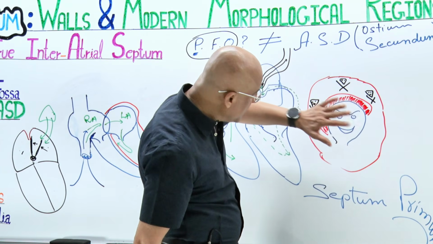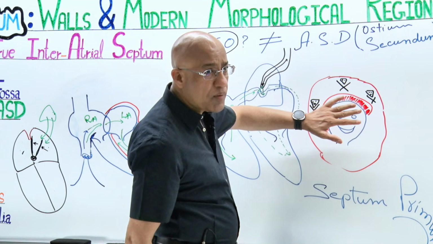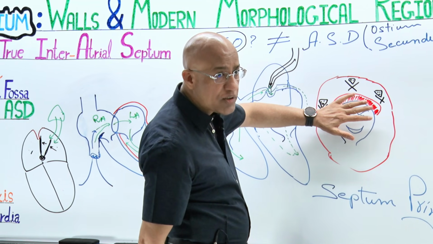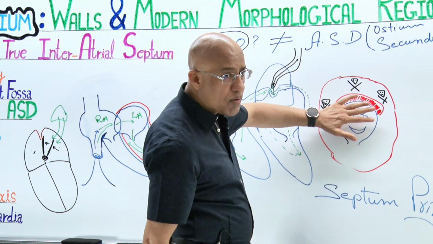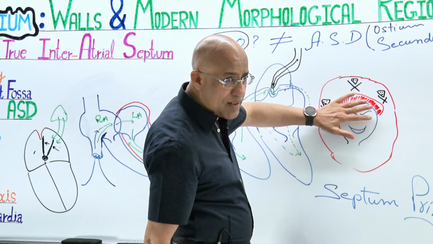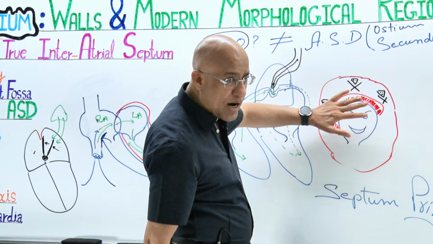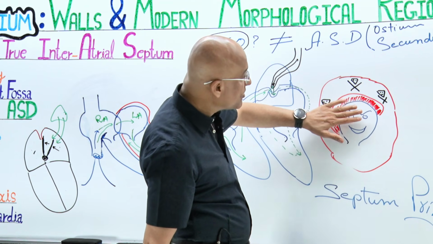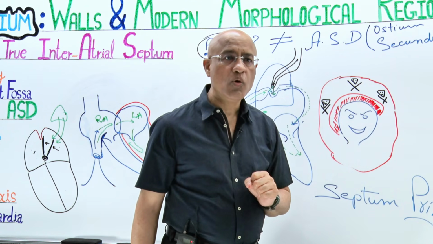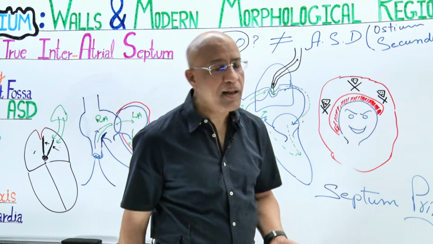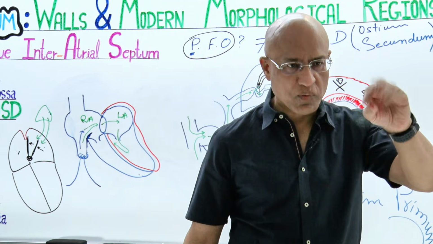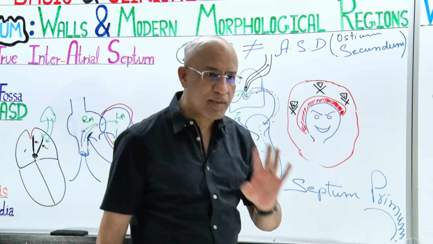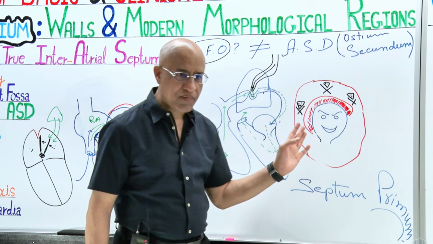Once it is closed, it is not called foramen ovale. After the birth, after the closure, this is called fossa ovalis or fossa ovale, whatever you love to call it. The thing is that you should understand what it is.